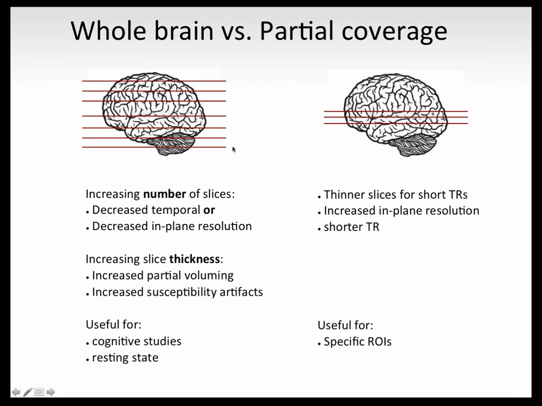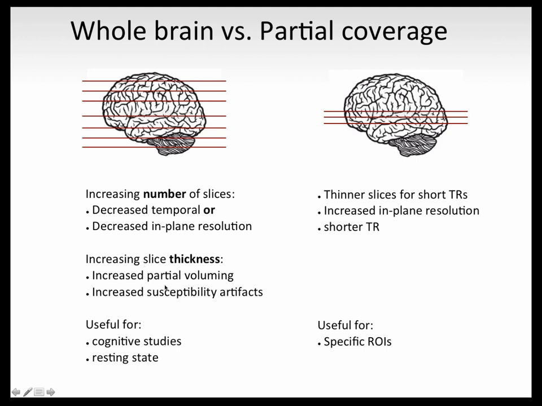By doing that, what I mean is that you can either acquire the whole brain at a low resolution, or you can focus on a couple of slices to shorten your TR, or increase your in-plane resolution. If you increase your slice thickness to cover the entire brain, you increase your partial voluming.